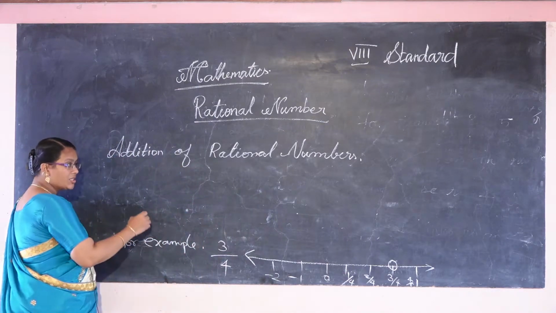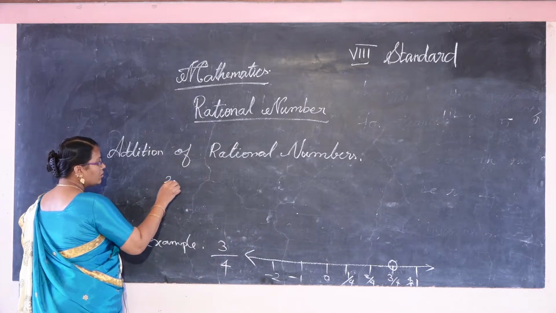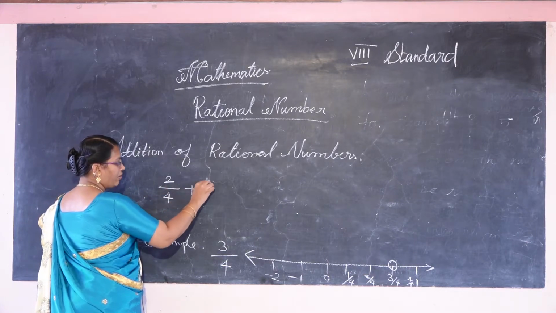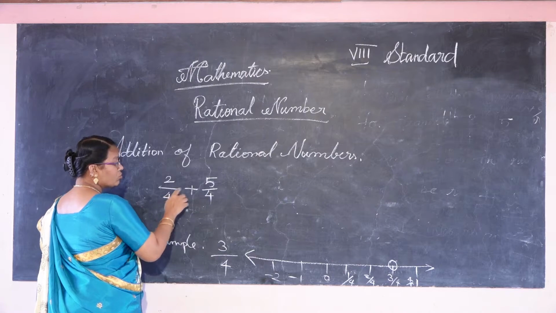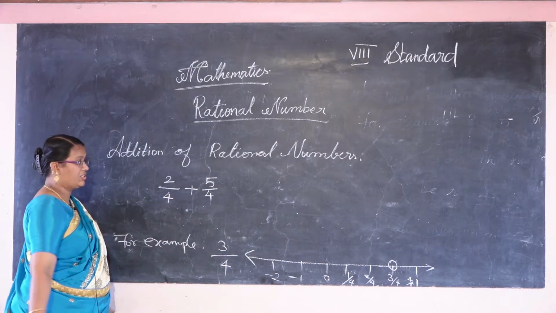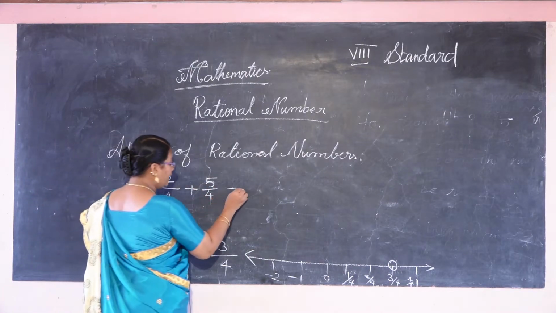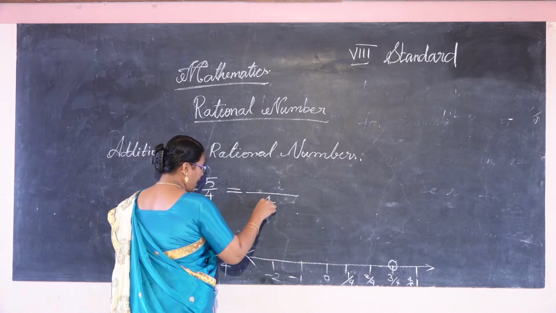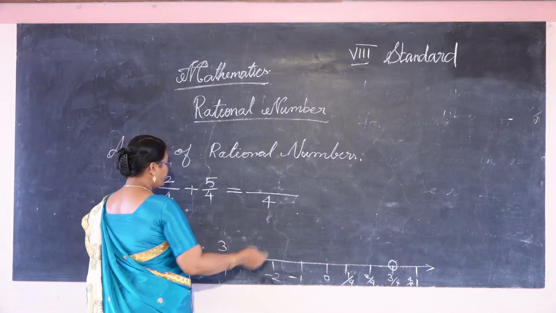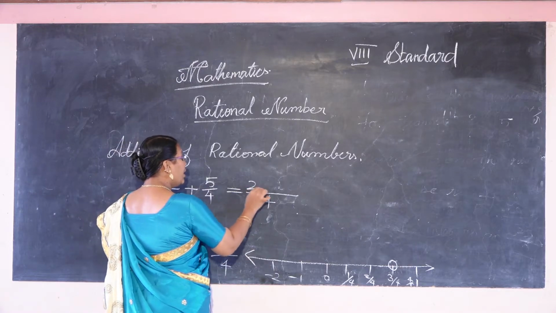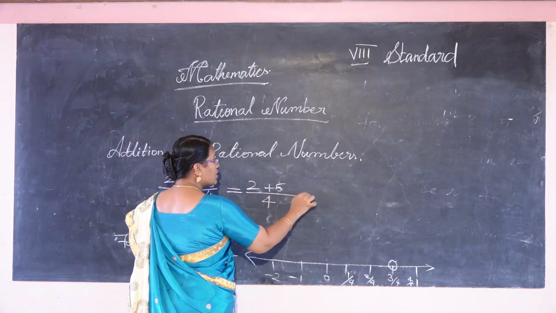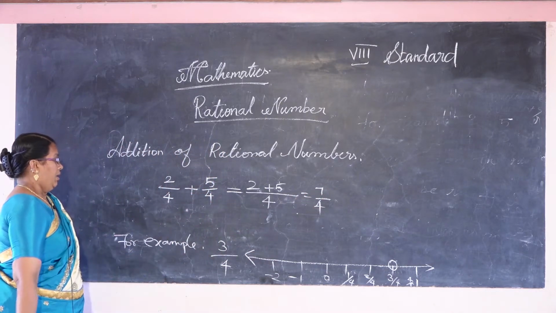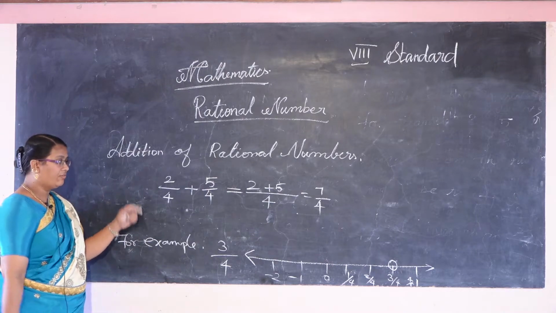Let us consider the two rational numbers 2 by 4 plus 5 by 4. Here these two rational numbers are like fractions. So, it is easy to add the numerators because the denominators are the same. We write the common denominator 4 directly and add the numerators, 2 plus 5 is equal to 7 by 4. That is the answer for two rational numbers that are like fractions.